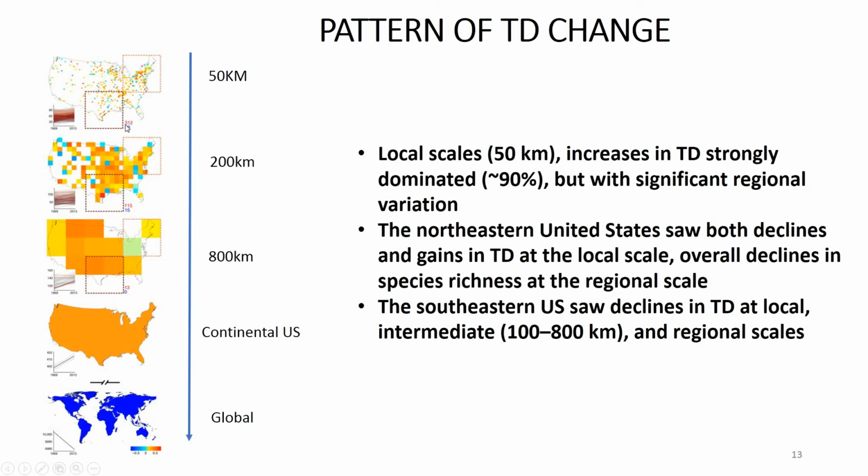The red number counts the pixels which experienced an increase of species richness. The blue number represents the number of cells which decreased in species richness.